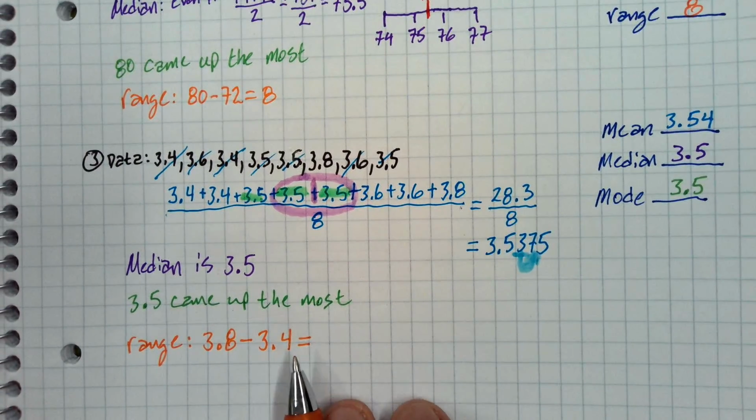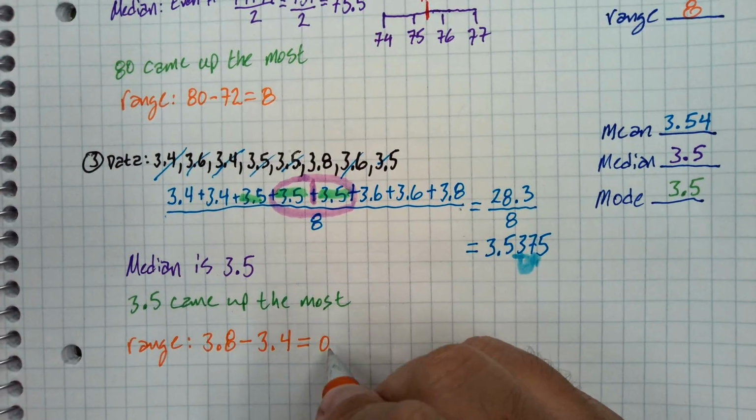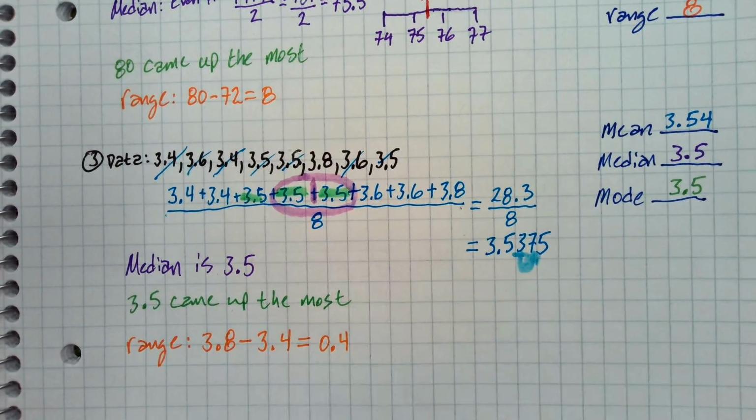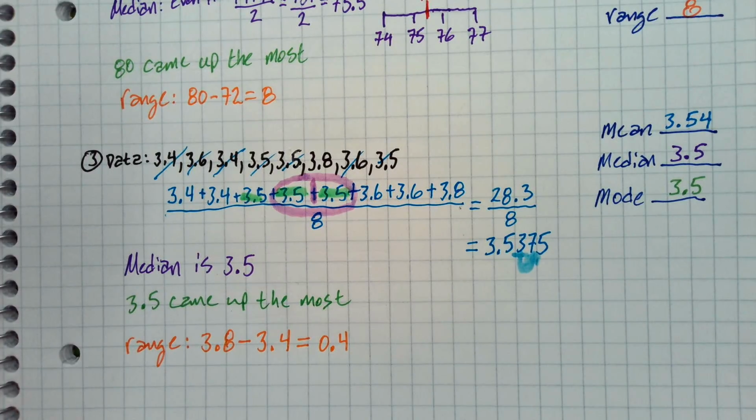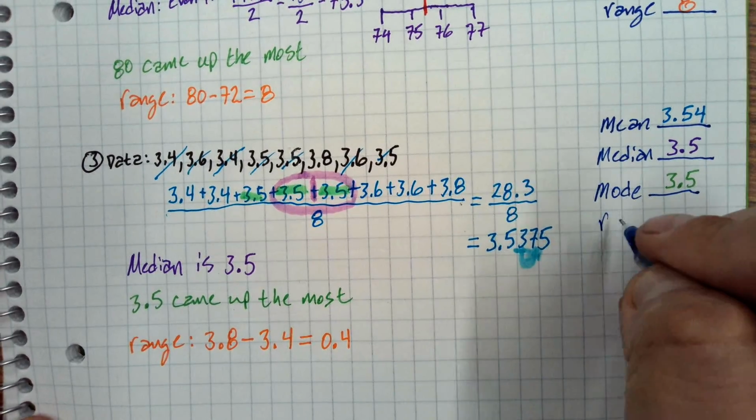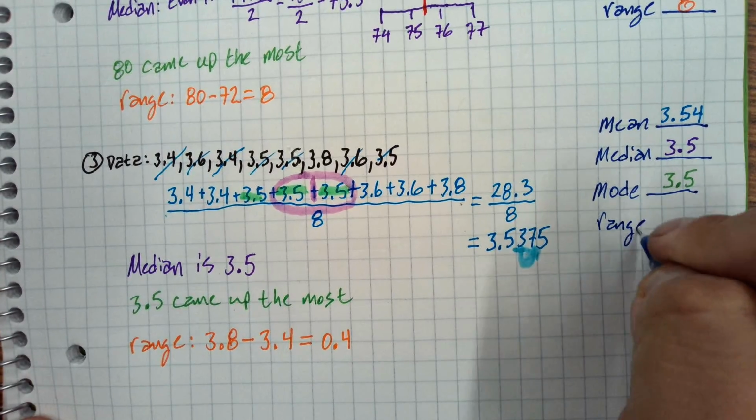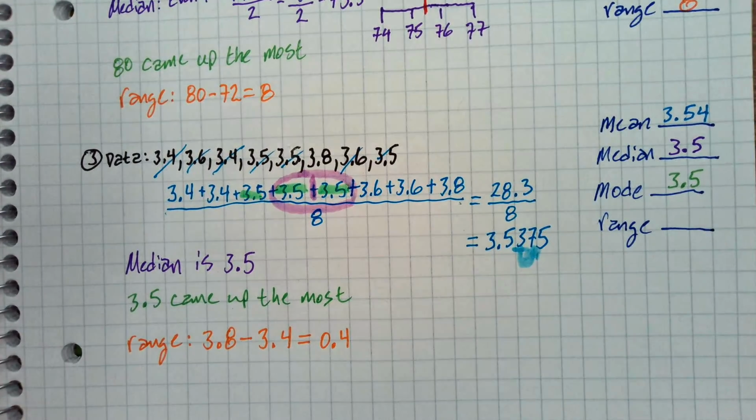So what's 3.8 minus 3.4? 0.4. So what separates the largest from the smallest number? 4/10, 0.4.